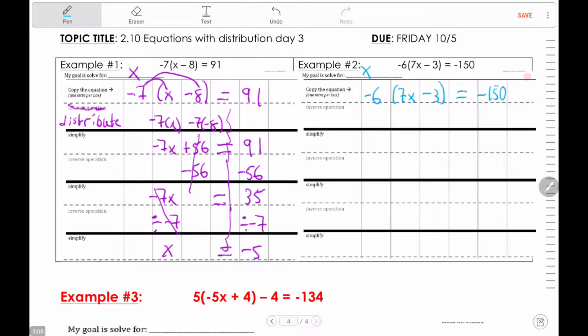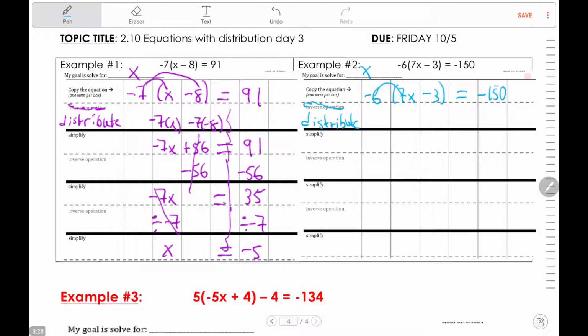Alright, well, what do we have first? -6. We're gonna distribute, remember. Okay, and that means multiply what's outside by what's inside.